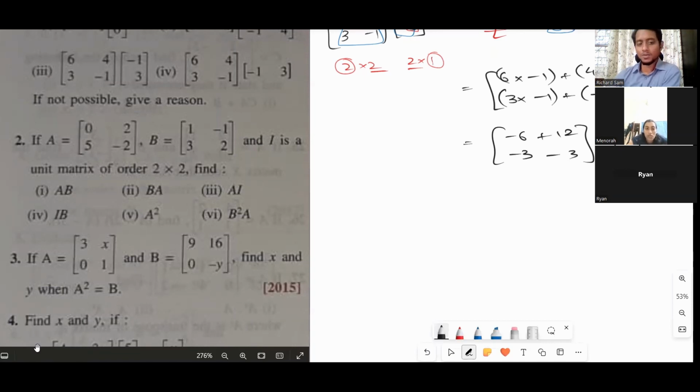I will explain the last one because there are 3 matrices here. In all the others, you're multiplying how many matrices? 2 matrices. A into B, B into A, A into I, I into B, A into A. The last one you're doing B into B into A, so 3 matrices. So how will you do this?